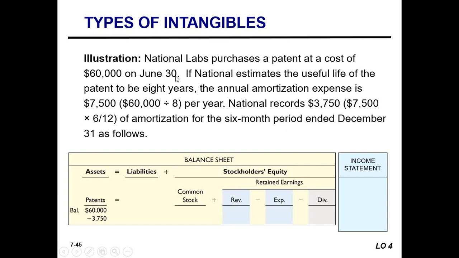And because this was on June 30th, we will only amortize for 6 months of the year. So we're going directly against the patent and amortization expense for the other side of that entry.